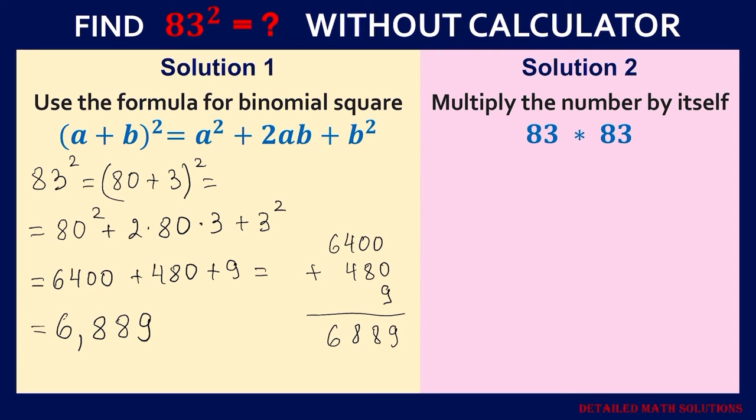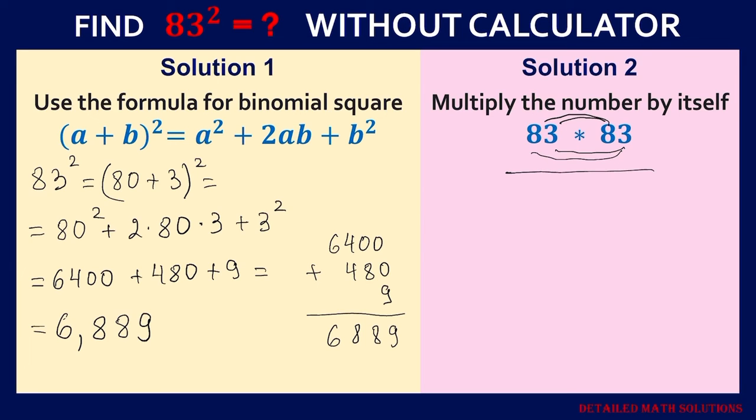Now, the square of 83 can be found also by simply multiplying the number by itself. Let's multiply 83 by 83. So it's 3 times 3 first, and 3 times 8, then 8 times 3, and 8 times 8.